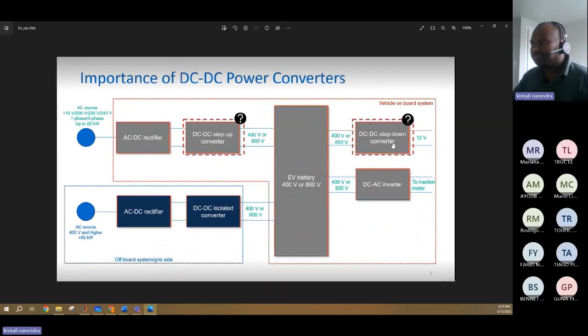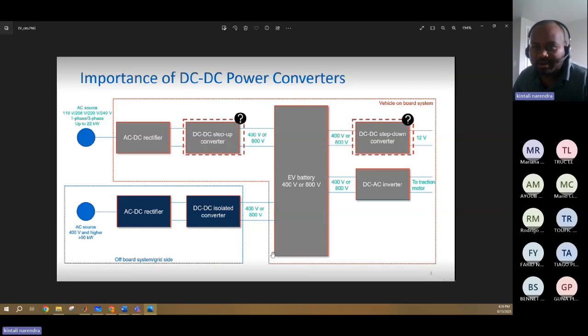See, for example, this is your battery in the vehicle. Now this battery, we need for two purposes. One is to drive the motor. Another is to power the remaining devices in the car, like the windows which need to move, the wiper, the microcontrollers which need to operate, the CAN bus system, air conditioning, and also the heater.